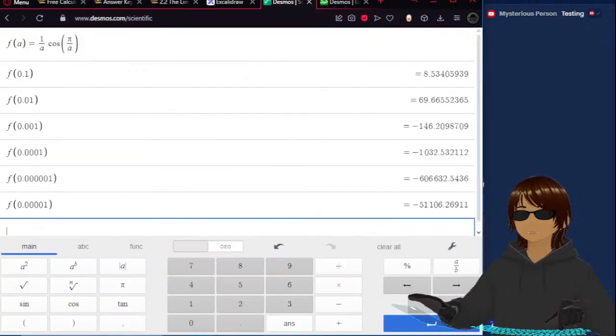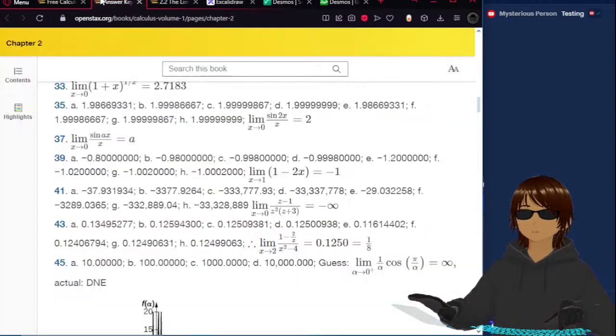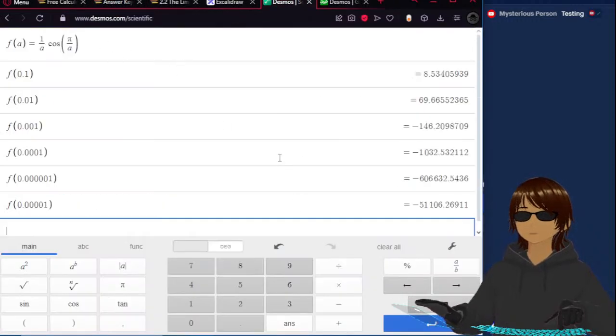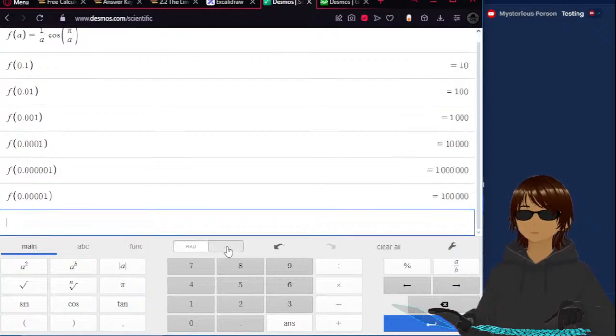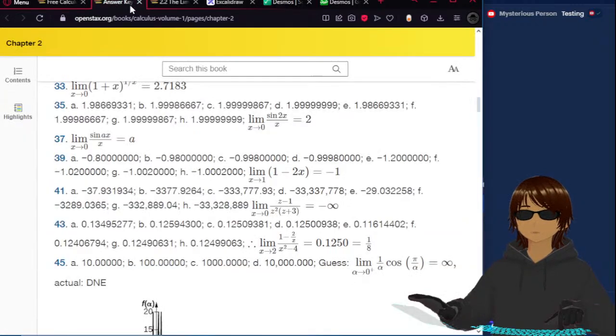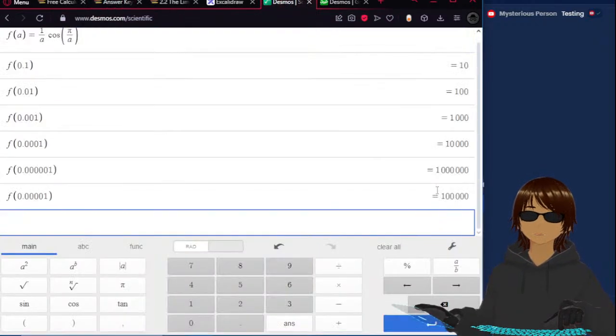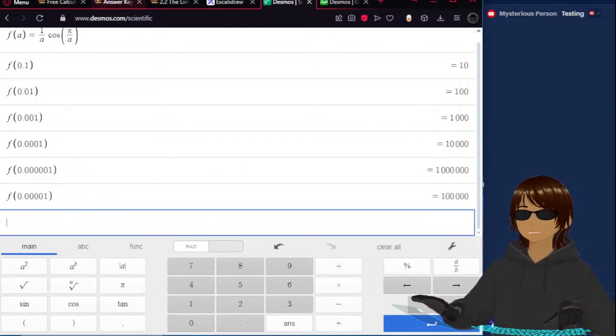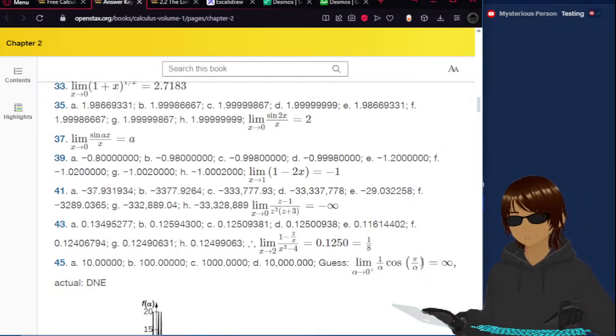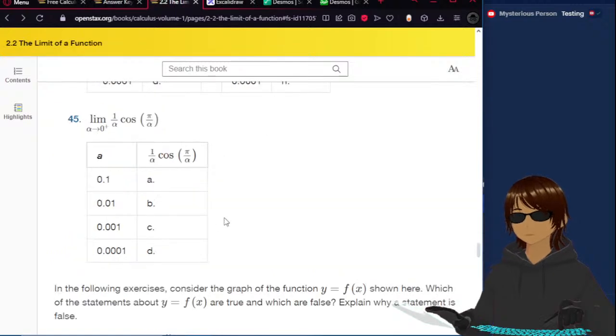Did I write it correctly? Oh, yeah, this is in radians. So the limit, it's increasing infinitely. So the limit is infinity.